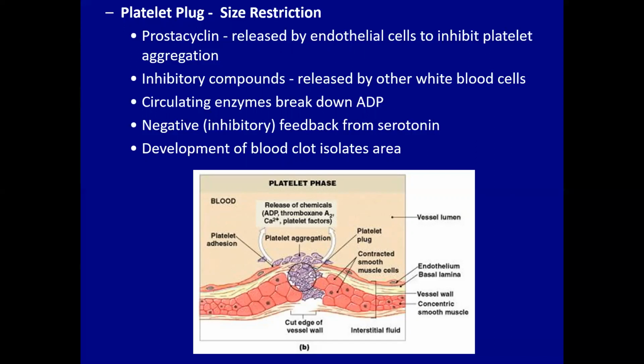They break down the ADP, which, remember, helped to build up the plug. When serotonin is there, there is negative feedback. So that is going to also inhibit the plug size. And then blood will clot, which isolates the area. And that also allows for the size restriction of that platelet plug.